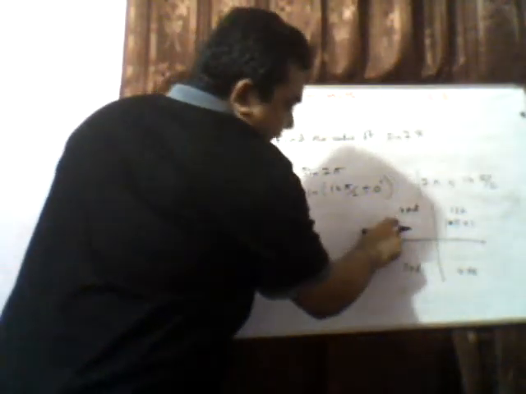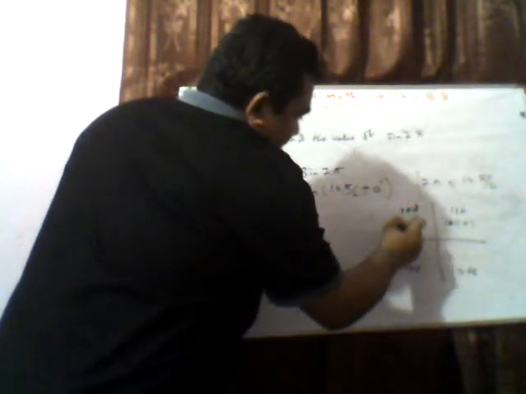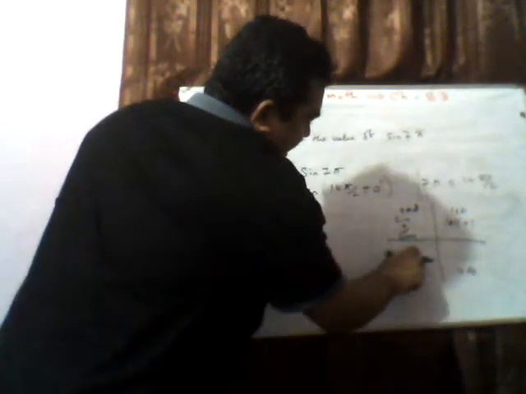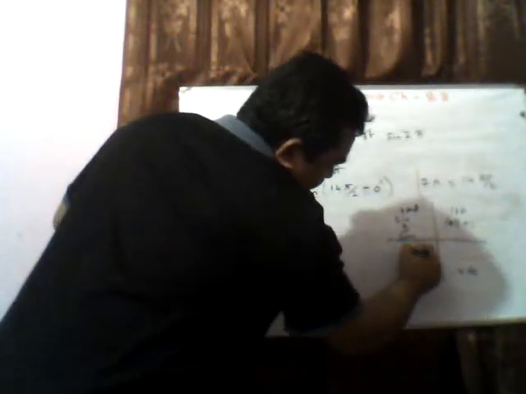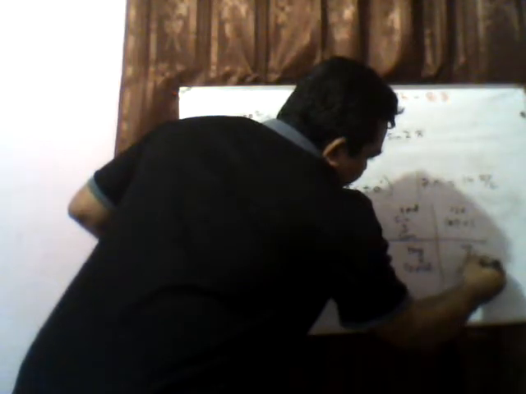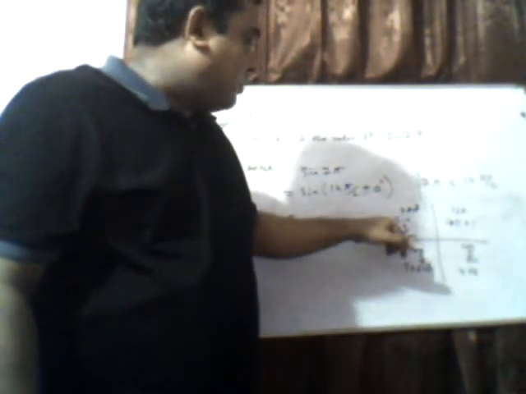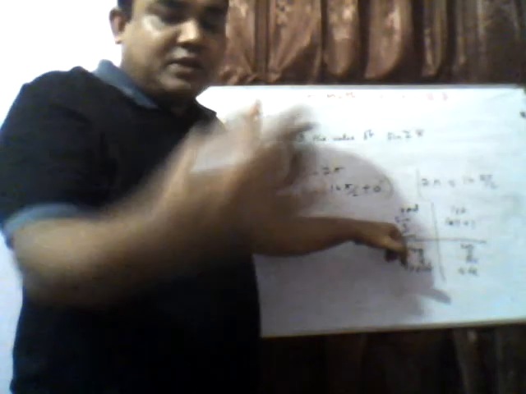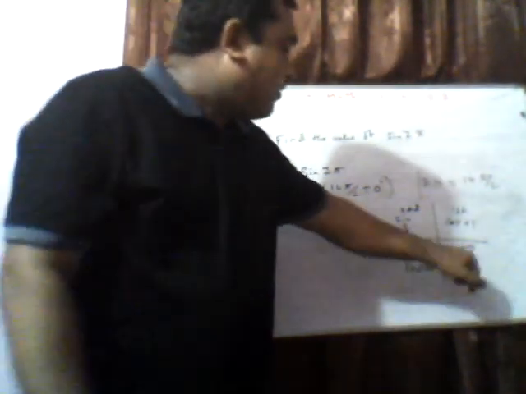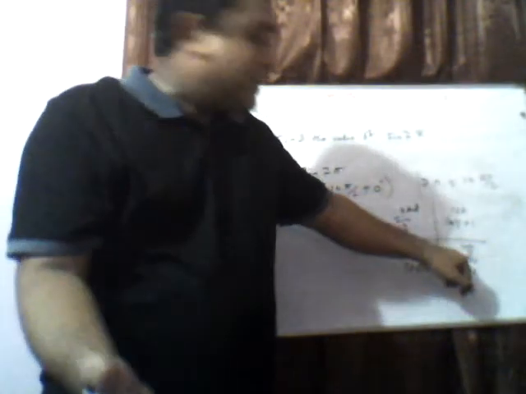In the second quadrant, sine and cosec are positive. In the third quadrant, tan and cot are positive. In the fourth quadrant, cos and sec are positive. So all positive in the first quadrant; in the second, sine and cosec positive, otherwise negative; in the third, tan and cot positive, otherwise negative; in the fourth, cos and sec positive, otherwise negative.